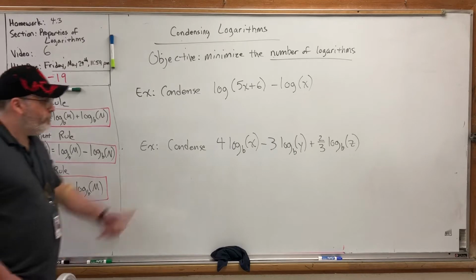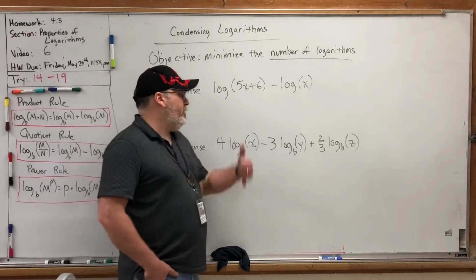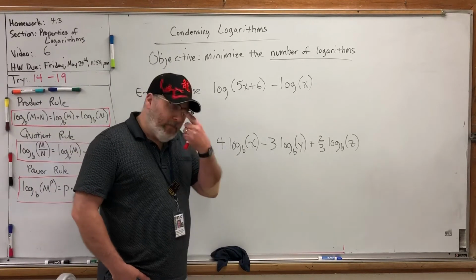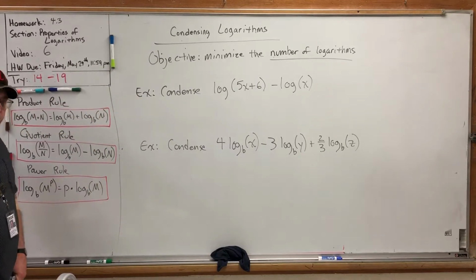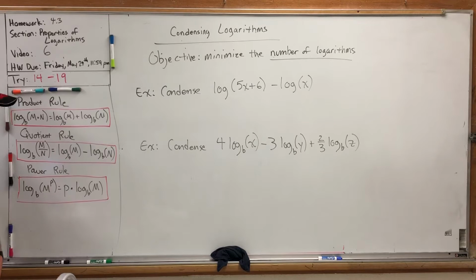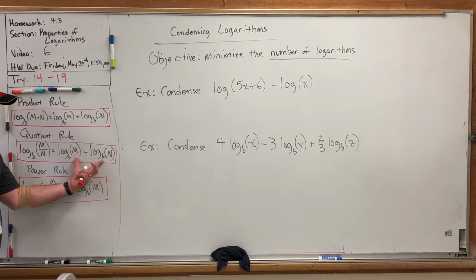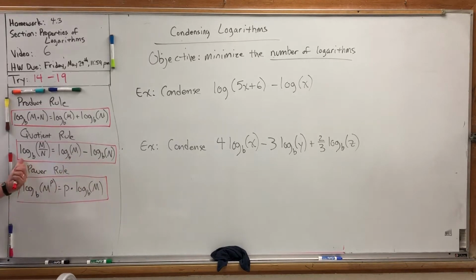For example, let's say we want to condense log of 5x plus 6 minus log of x. We have the difference of two logarithms. And which rule involves the difference of two logarithms? The quotient rule. The quotient rule says if you have a difference of two logarithms, you can condense them into one logarithm.